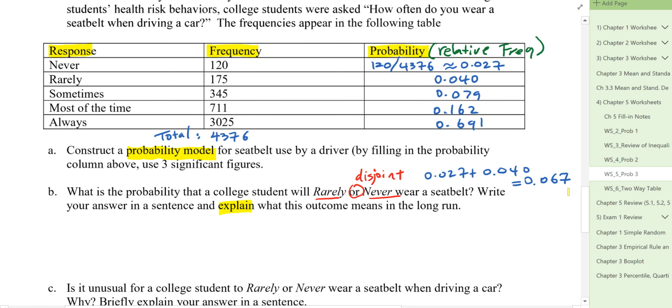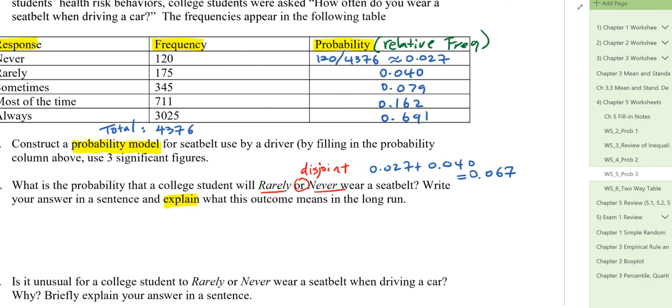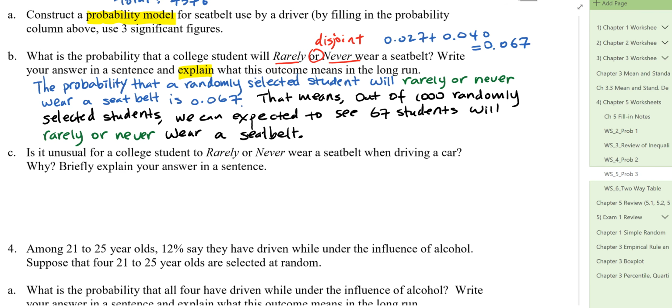In other words, if I randomly select 1,000 students, I can expect to see 67 of those students rarely or never wear a seatbelt. The reason I use 1,000 is that if I multiply 0.067 by 1,000, I will get 67. So therefore, I interpret that using times 1,000.